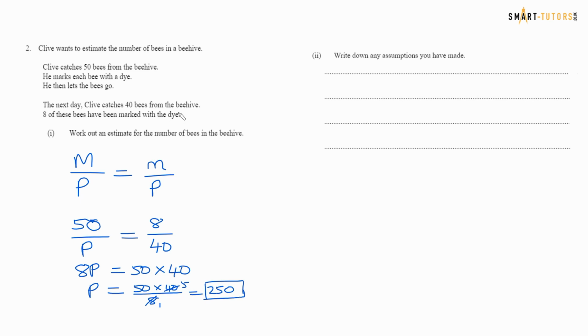Estimate, right? Roughly. Write down the assumption you have made here.